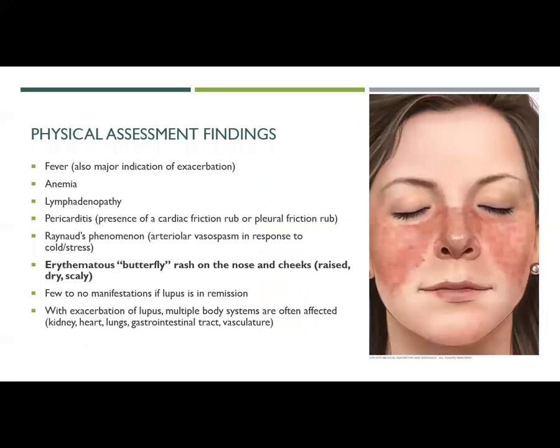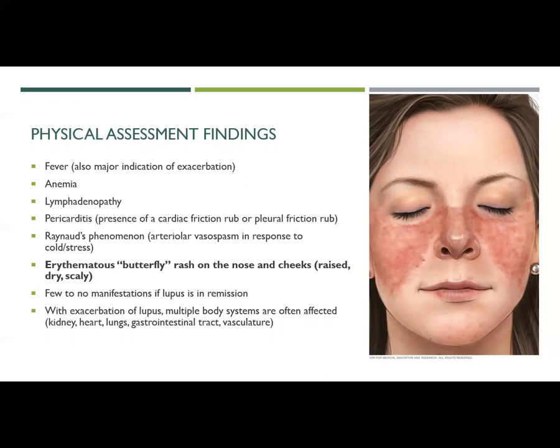Some of the physical findings are fever, which can be a major indication of exacerbation, anemia, lymphadenopathy, pericarditis, so the presence of a cardiac friction or pleural friction rub, Raynaud's phenomenon, which I'll talk about in the next slide, and that's an arterial vasospasm in response to cold or stress, and an erythematous butterfly rash on the nose and cheek, which can be raised, dry, and scaly. I'll talk about that in just a bit.